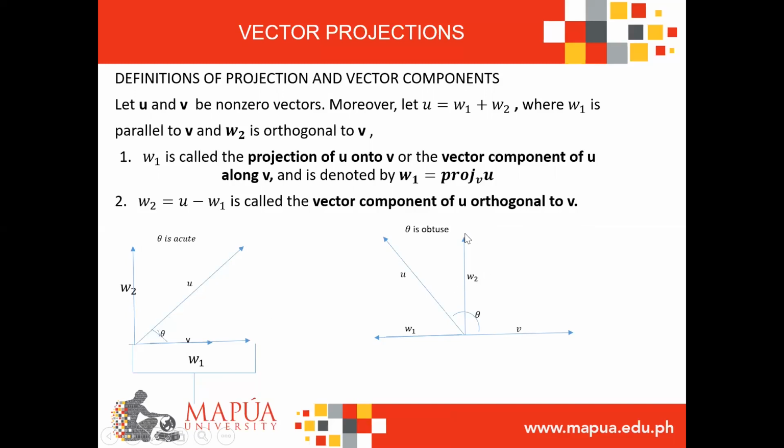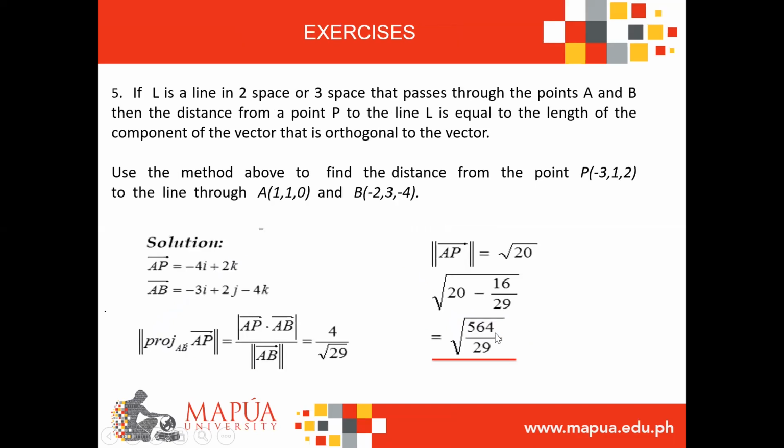So same thing when we have the situation on this figure. Still, we're going to find the distance that is represented by W2 from a point P and along a line L. So with that, we have here the formula.